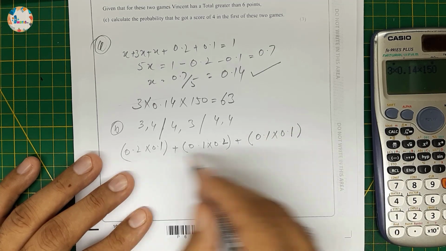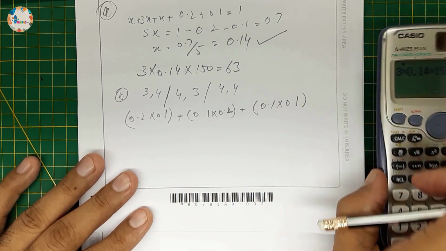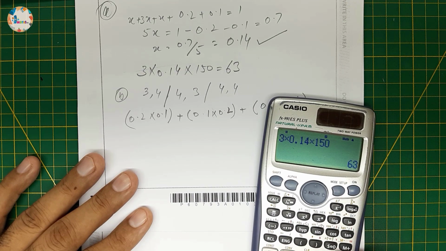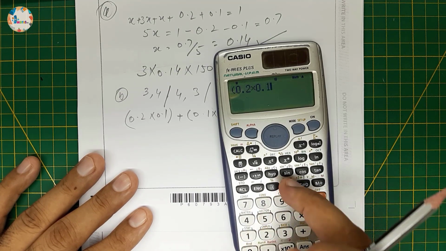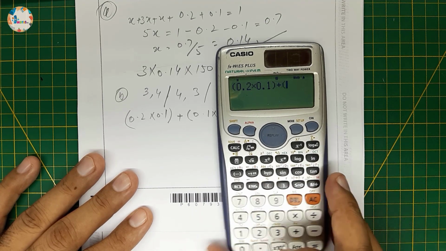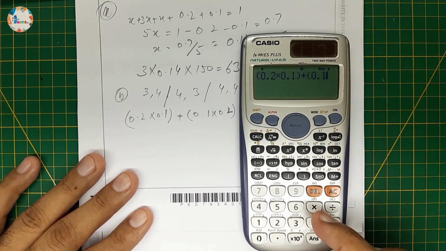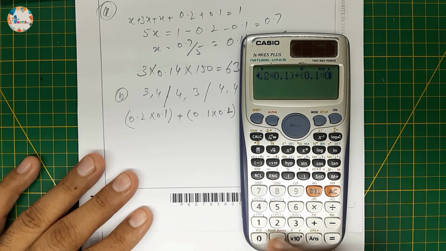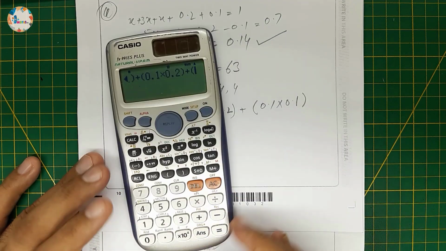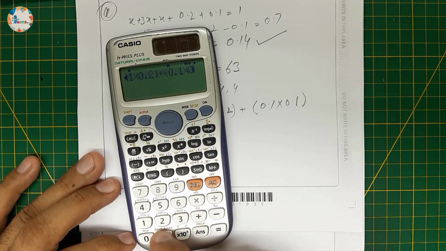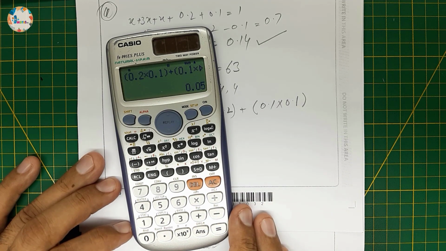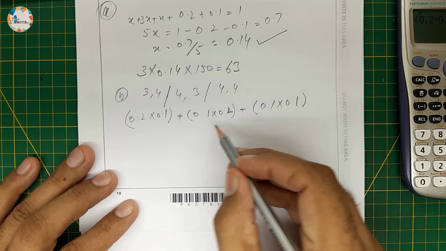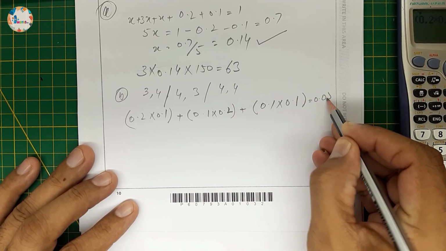So this is how we will be adding and finding the probability. So 0.2 into 0.1, first one, plus the second one 0.1 into 0.2, plus the third one which is 0.1 into 0.1, and this will be resulting to 0.05.